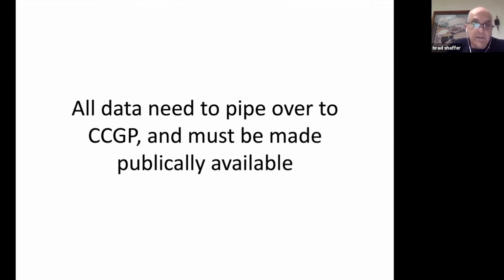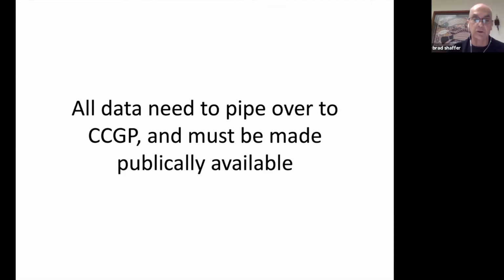Again, I'll say this several times. All data, once those sequences are completed, need to go to two places. They need to go to the lab of the PI who is the lead on that particular project or set of projects, and they need to get over to CCGP.